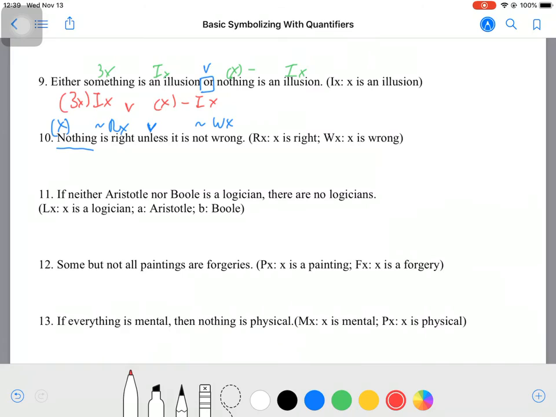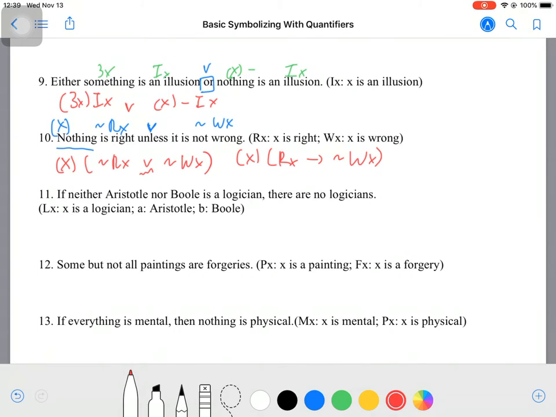Then if we were to write it out, for all of x, x is either not right, or it is not wrong. You could also, and this is a little bit weird because you're using a wedge instead of an arrow, you could write it like this: for all of x, if x is right, then it's not wrong. That would also work.